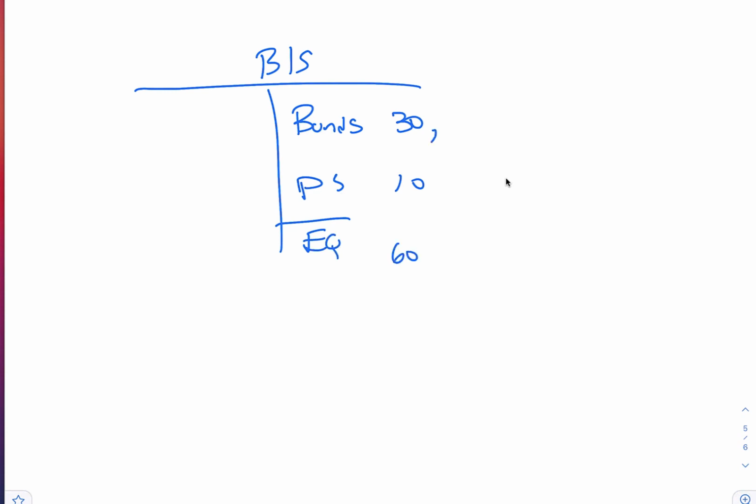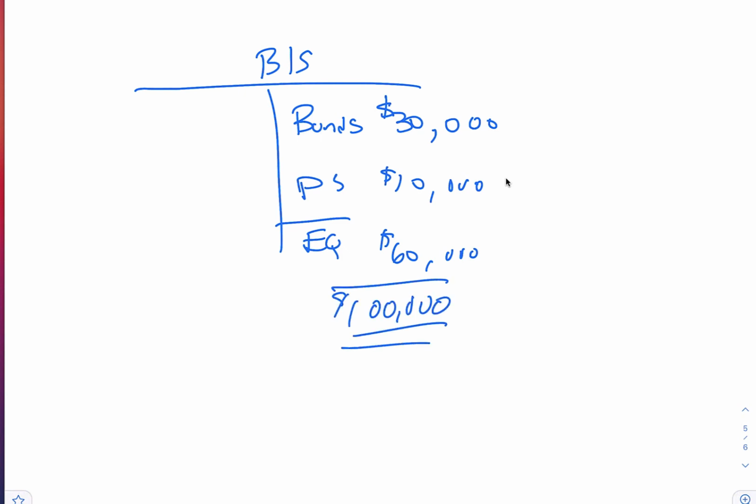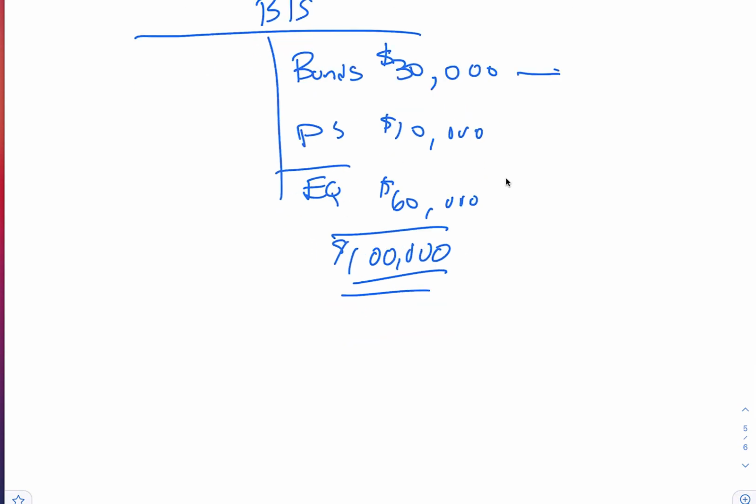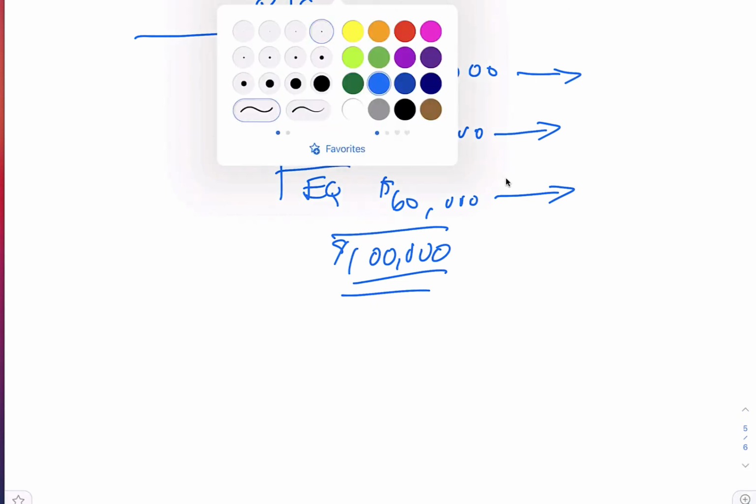Let's make them thousands, a little more realistic, and we can work a little better with the numbers. So we have 30,000, 10,000, and 60,000, and the whole balance sheet is $100,000 total. Now the question is, how many bonds are outstanding? How many shares of preferred stock are outstanding? And how many shares of common equity are outstanding? We have the ability to answer those questions.